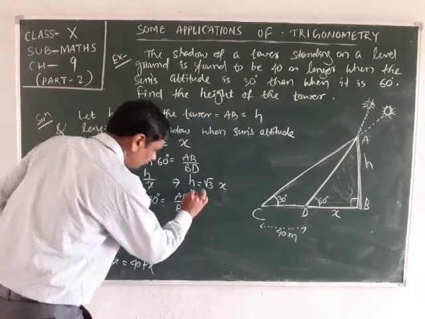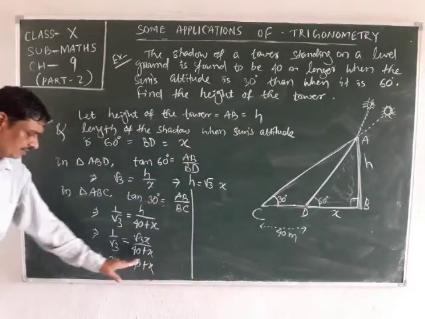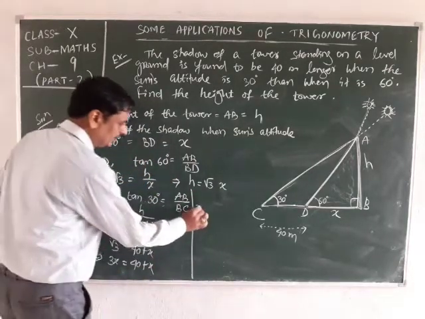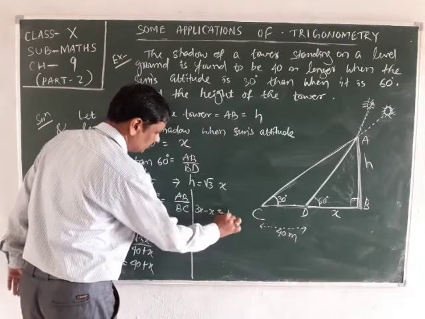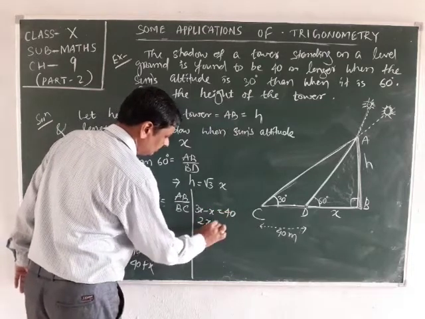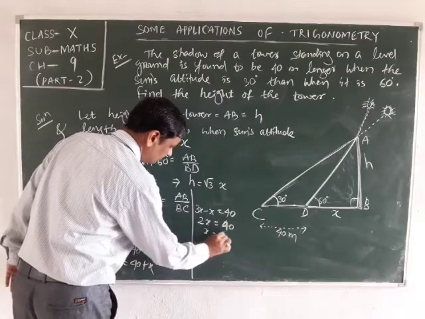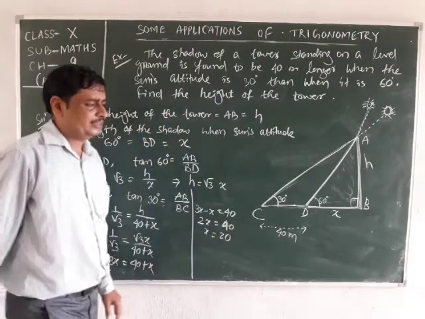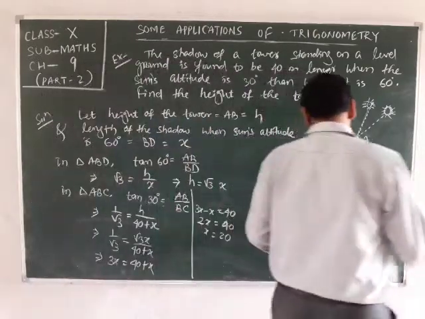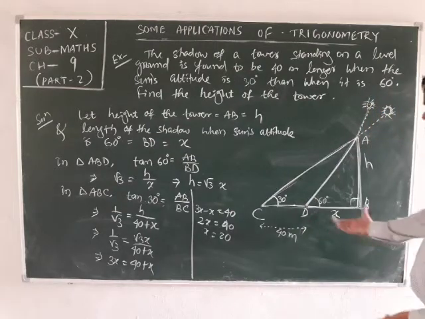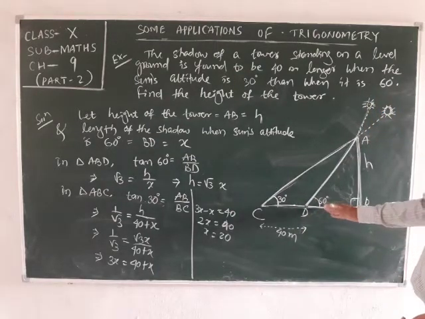Now x will come to the left side. It is 3x minus x is 40. Then 2x becomes 40 and x becomes 20. 20 is the length of the shade when the sun's altitude is 60 degrees.